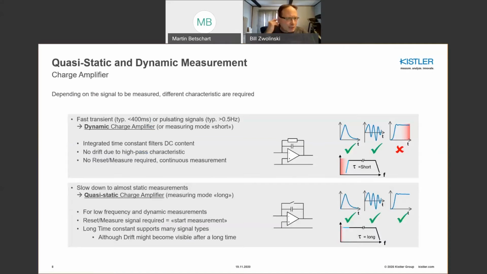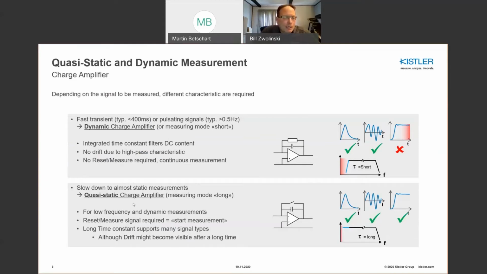In terms of quasi-static and dynamic measurement, with dynamic measurement you're able to measure transient events and also continuous time events, like you see here. But static events, like the one you see here on the right side with the red X, are really not within its capability because you're optimized for dynamic measurement.